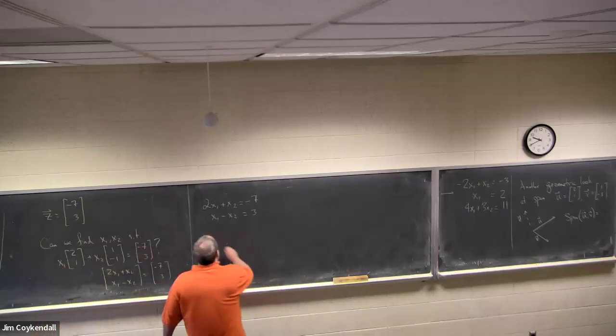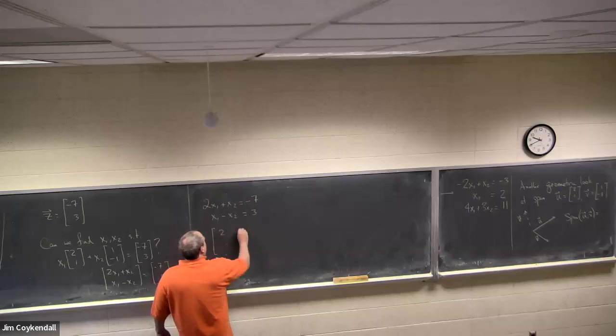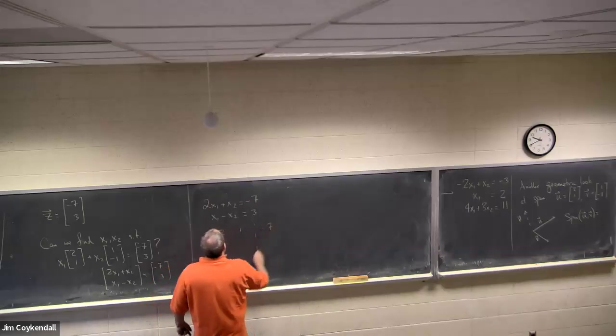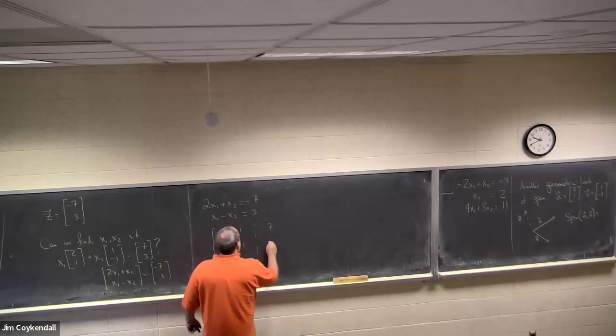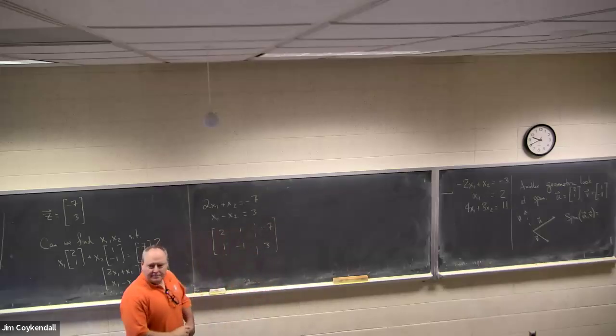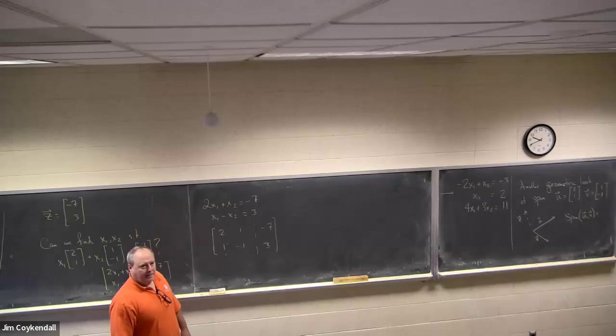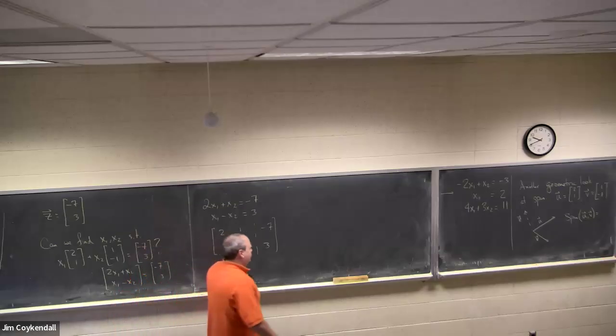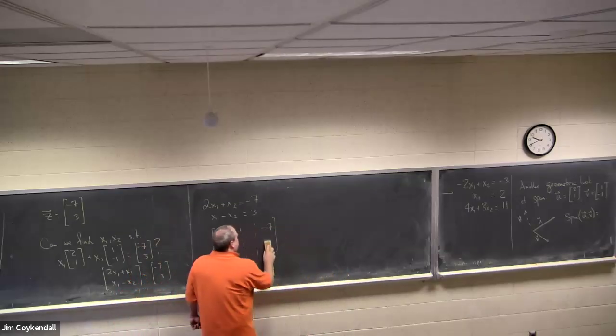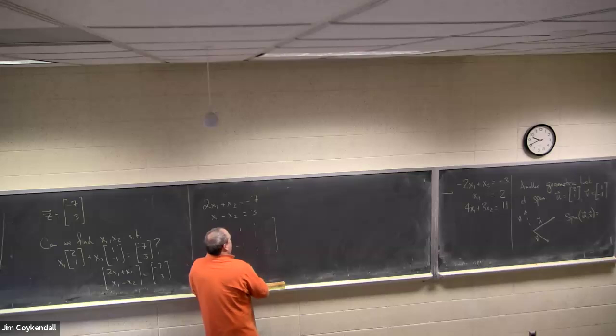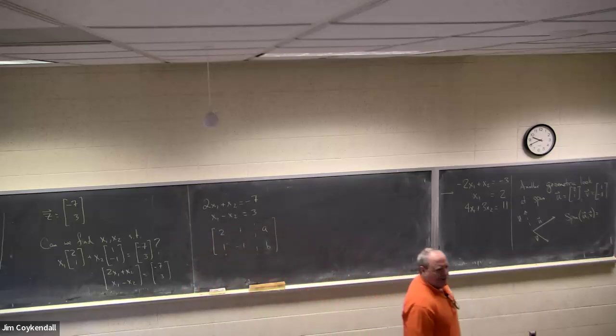Let's look at the augmented matrix, all that fun stuff we did last time. 2, 1, -7, 1, -1, 3. And you know what? I'm going to up the voltage here. Forget -7 and 3.